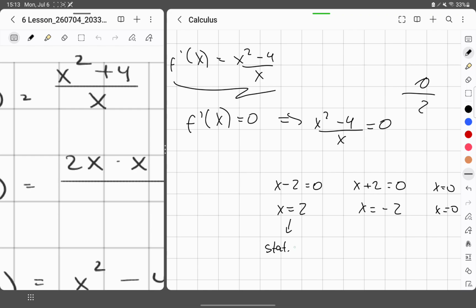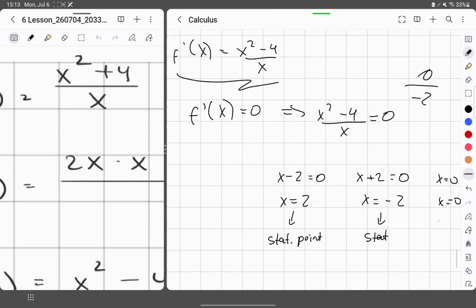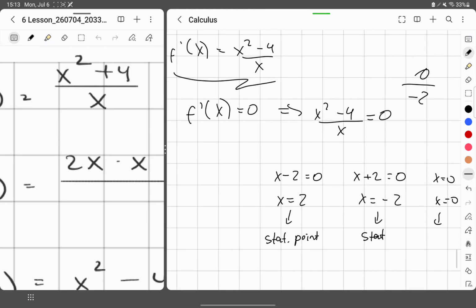If it's negative 2, it will be again like this. That's also a stationary point. But what about this one? This is negative 4 over 0. That is a critical point.